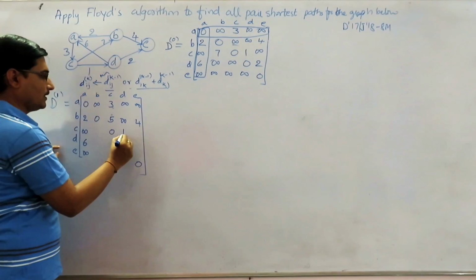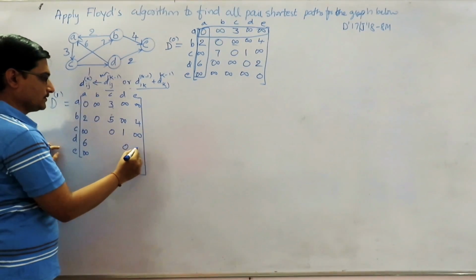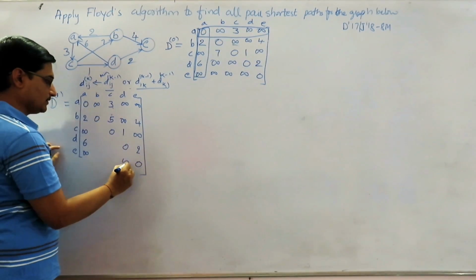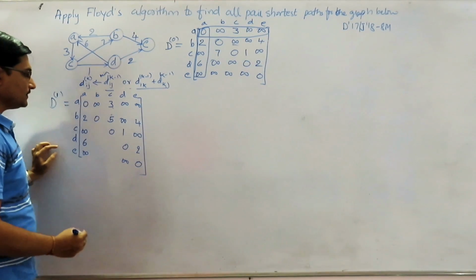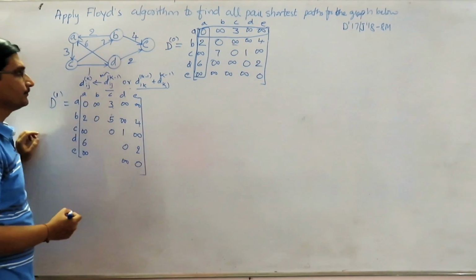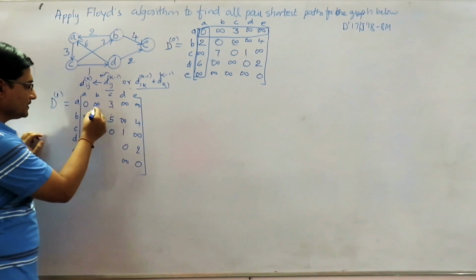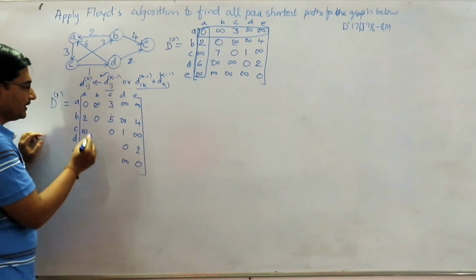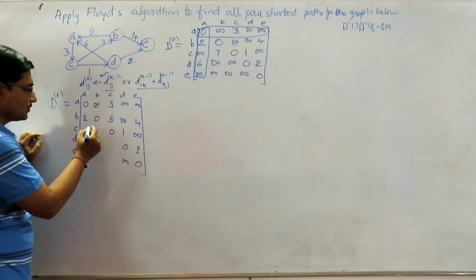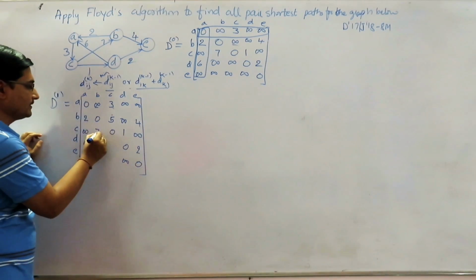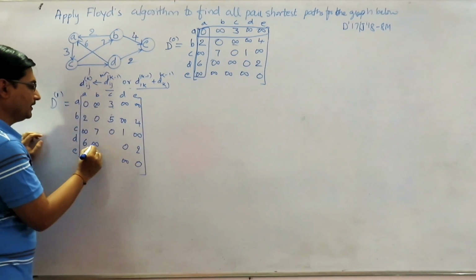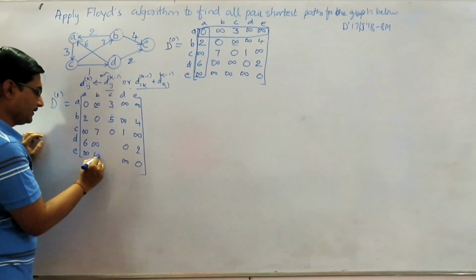So this is 1 comma infinity, this is 2, and this is infinity. Let us see these now. We are considering the first row and first column. This is infinity. This is infinity. So this second column is also not going to change. Directly we can take the values 7, infinity and infinity.